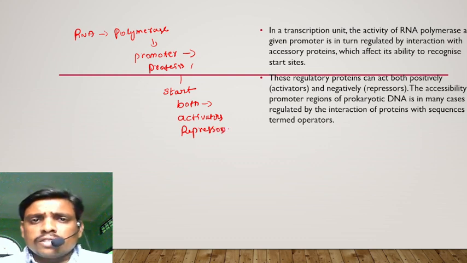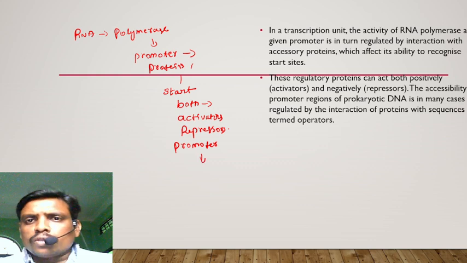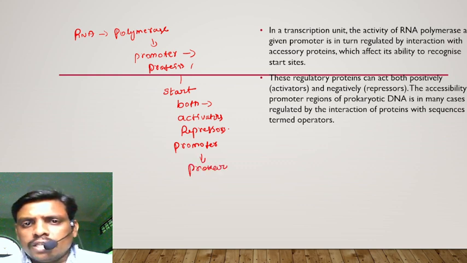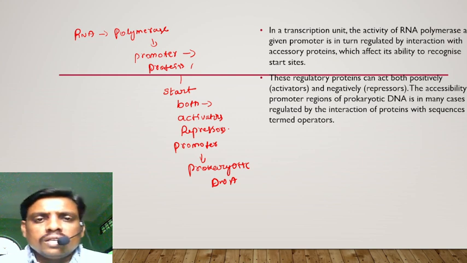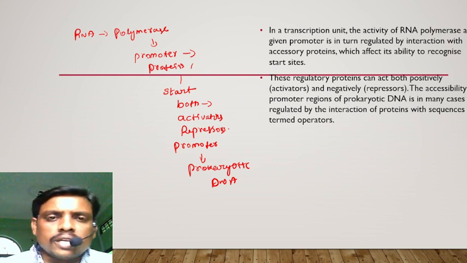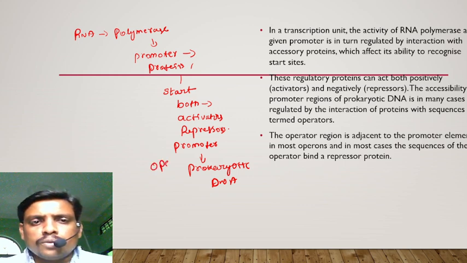If you carefully observe, the accessibility of the promoter regions of the prokaryotic DNA is in many cases regulated by the interaction of proteins with a specific sequence termed the operator. So operators in prokaryotes help to process these reactions.